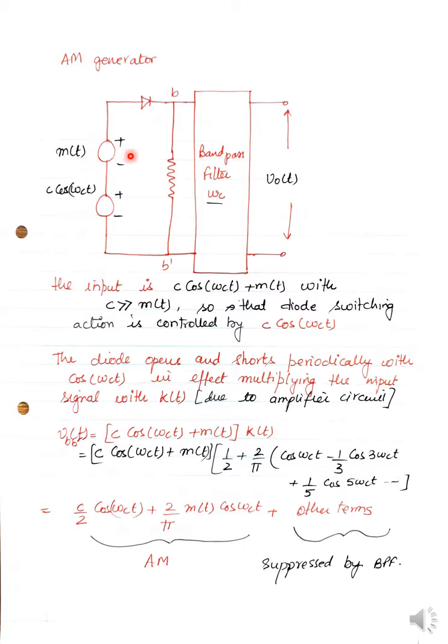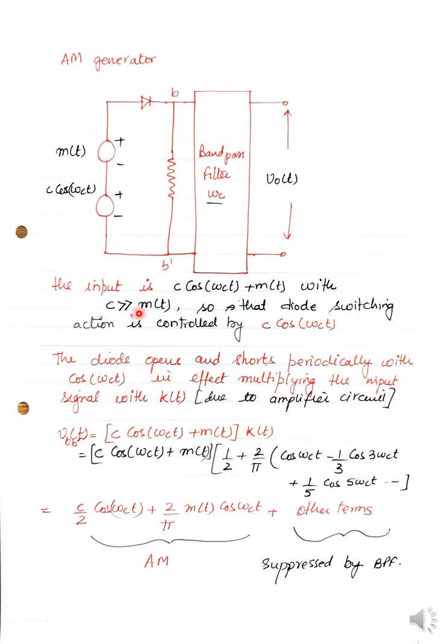Why? If you remember the function of a diode, in order for the diode to conduct, or if you are using an ideal diode to provide a short circuit and allow the signal to pass through, it should be forward biased. It will be forward biased when the voltage on this side is greater than this side.